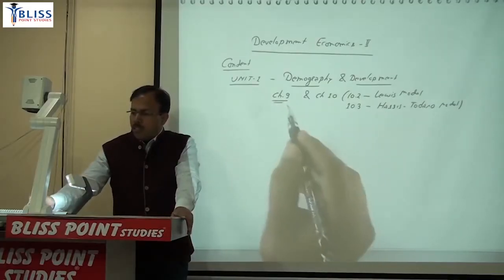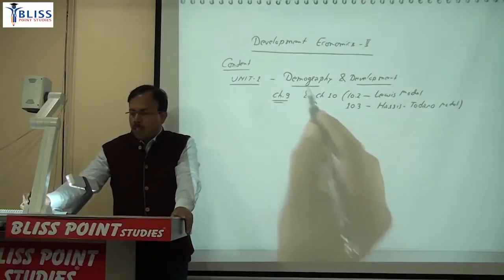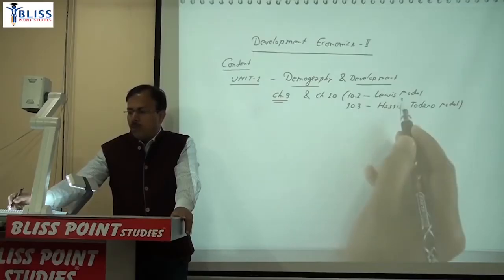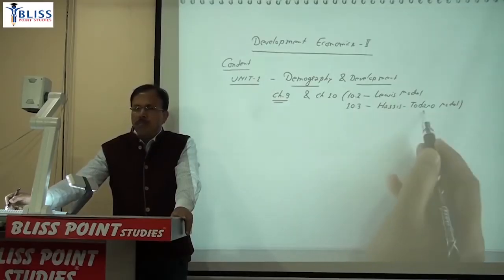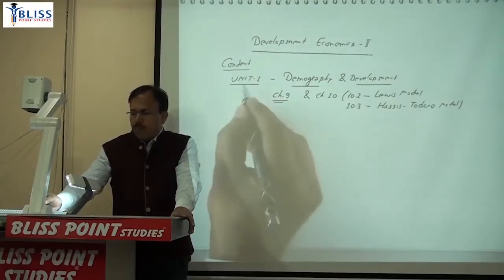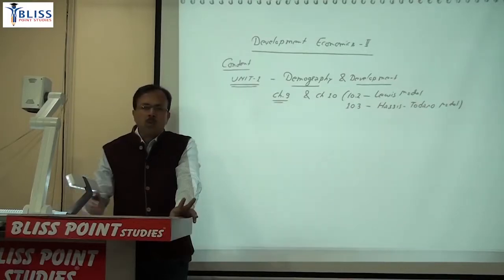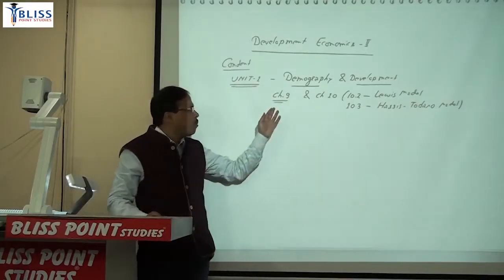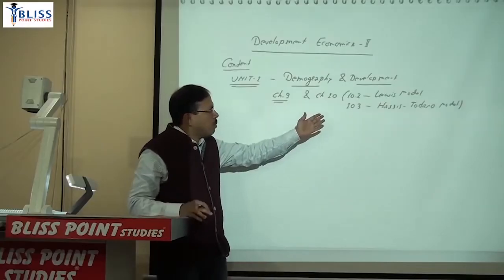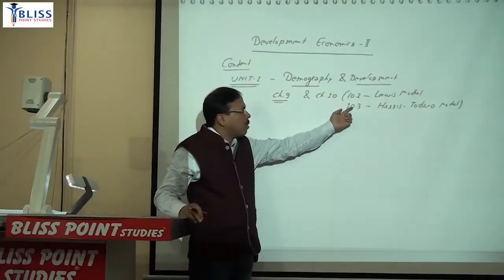So in first unit, chapter number 9 will be on population, chapter number 10.2 will be on Lewis model, 10.3 will be from Harris-Todaro model. And from this unit number 1 you will get 2 questions. So obviously one question is from population and the other question will be either Lewis model or the Harris-Todaro model.